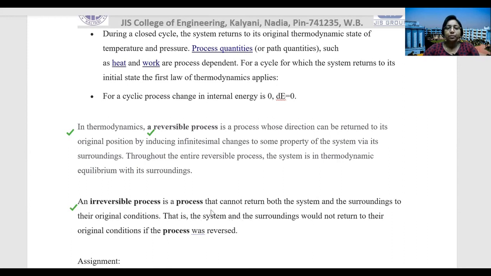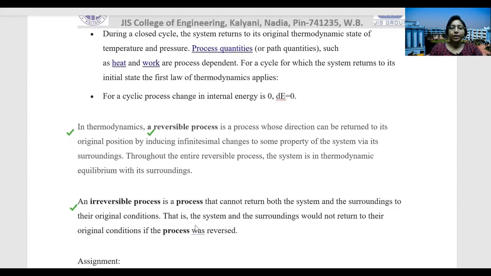An irreversible process cannot return both the system and the surroundings to their original condition. That is, the system and the surroundings would not return to their original condition if the process was reversed. So it is a spontaneous process.